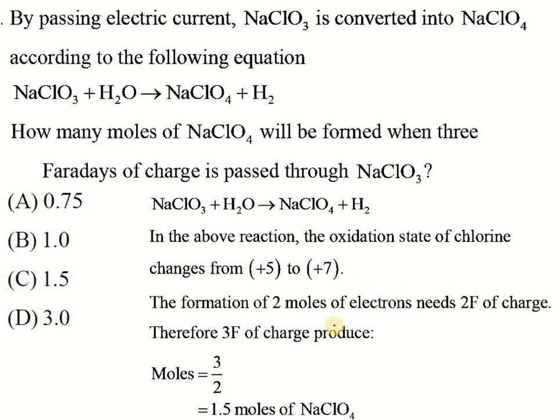That means 2 Faradays per 1 mole of perchlorate. If you pass 3 Faradays, then 1.5 is the answer, because 2 moles of electrons need 2 Faradays. 3 moles need how much? 1.5.